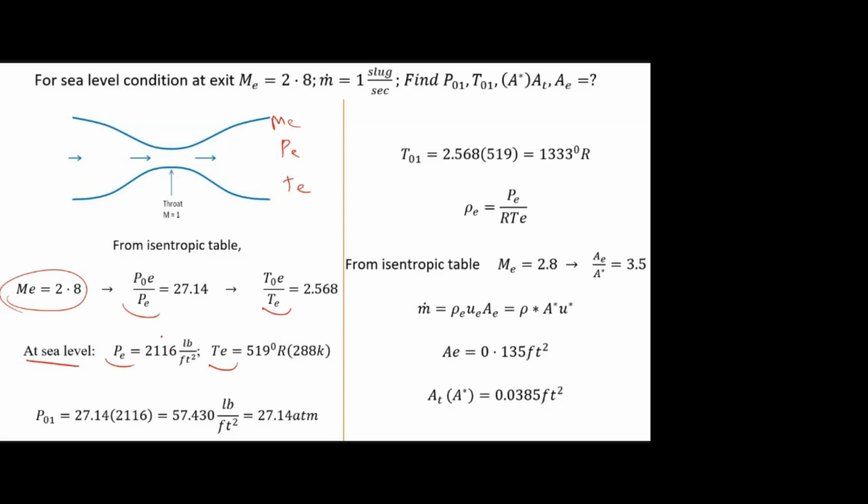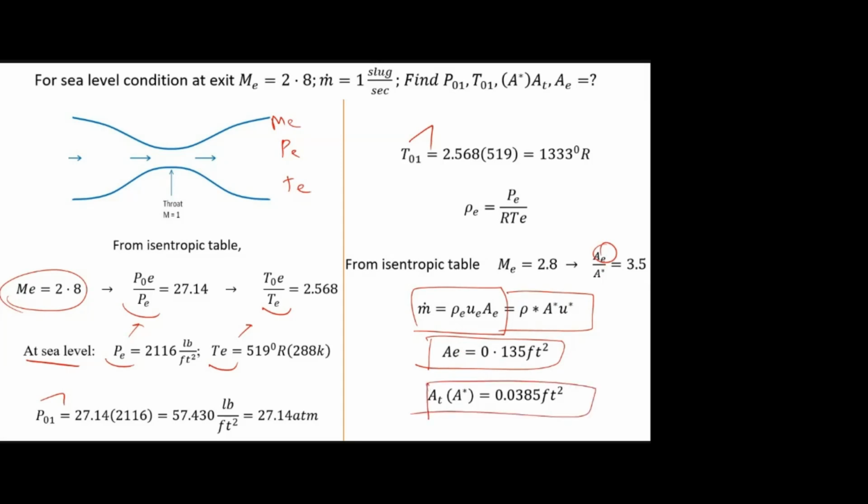Then substitute, you will get P naught and T naught values. Then M dot at the throat or exit, anything you can take. For me, at the exit I have pressure, temperature and so on, so I first find AE, then substitute here and get A star.